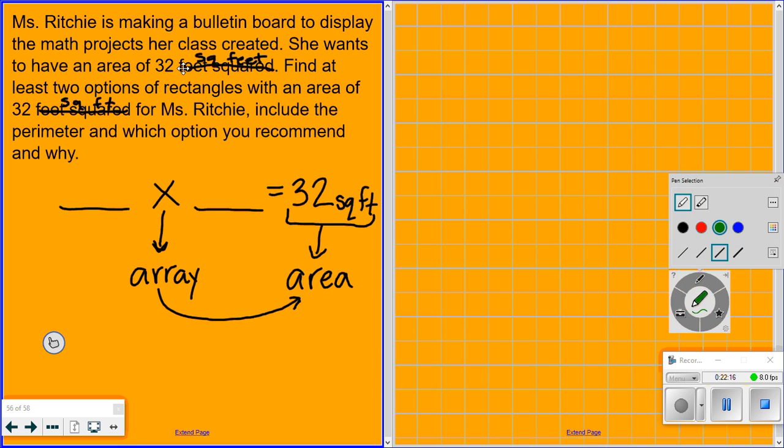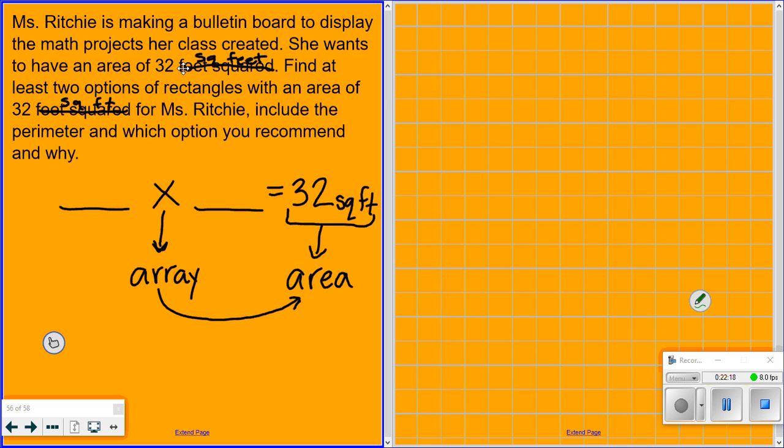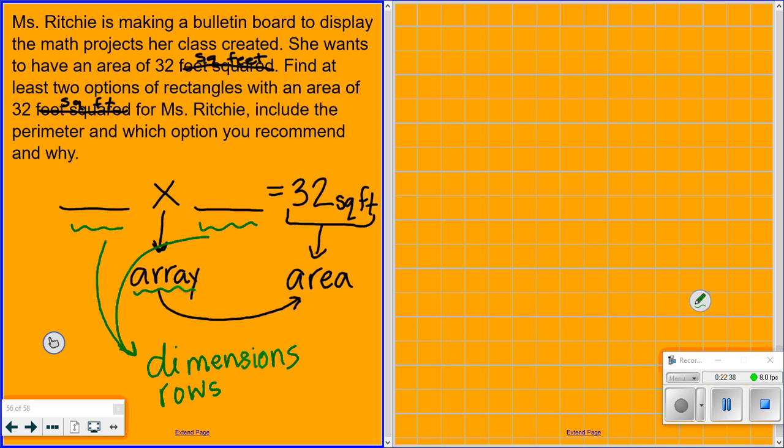These other boxes, here and here, those are our dimensions. So, Will, when you're talking about length times width, this is where they are. Our dimensions, if we want to go back to the land of arrays, these are our rows and columns.